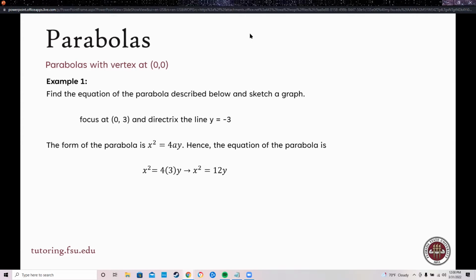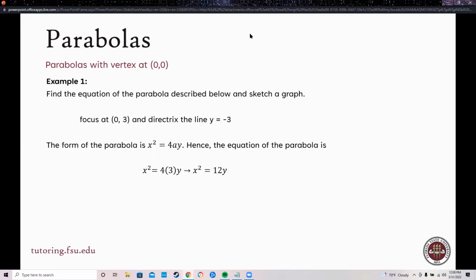The whole goal of this is to eventually learn how to draw parabolas given a limited amount of information. So in the first example, we're tasked to find the equation of a parabola described by what they give us and create a sketch.